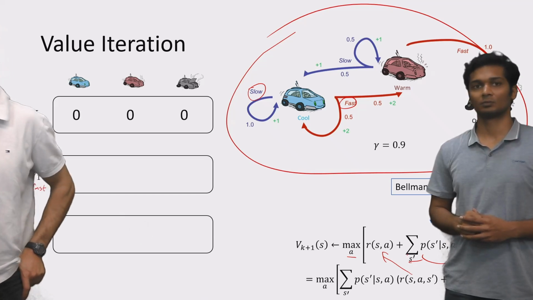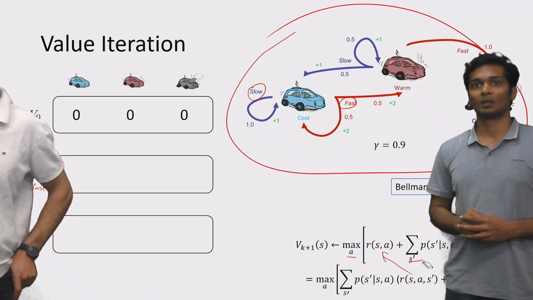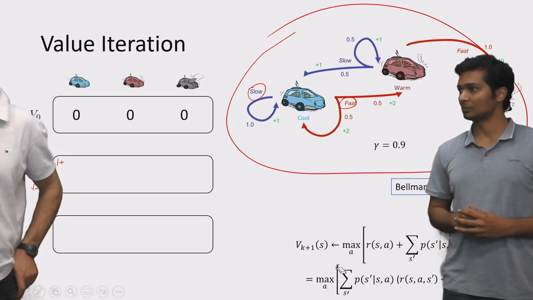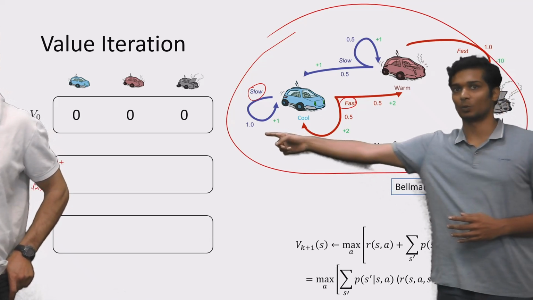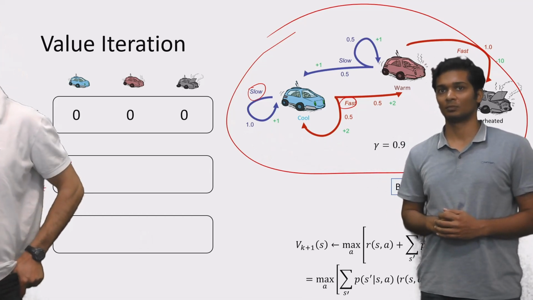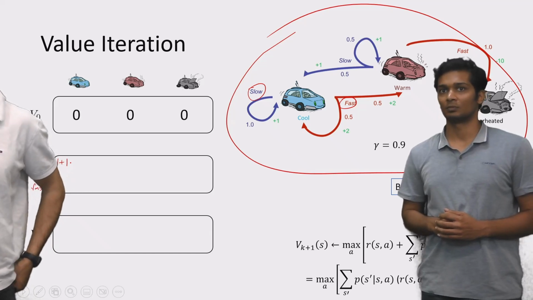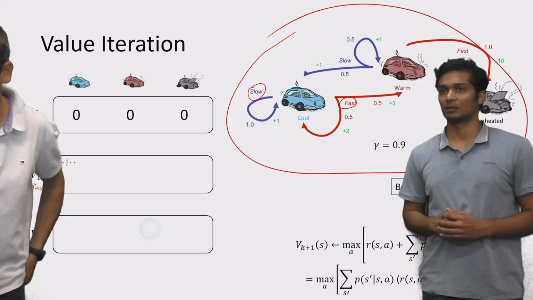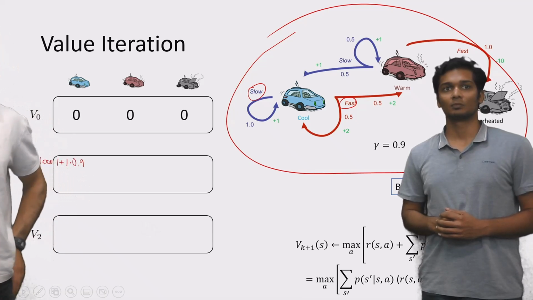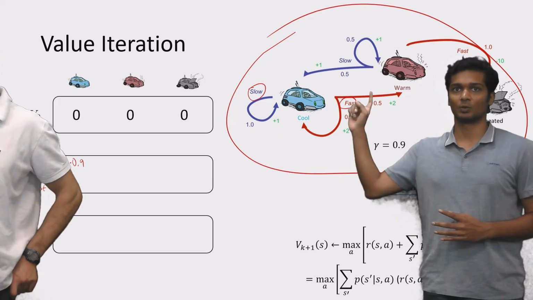Plus, what are the possible next states that we're going to see if we do slow? Just cool, right, with a probability of 1, times the discount factor, which in our case is 0.9, multiplied by the current state value in the previous iteration, which is 0.